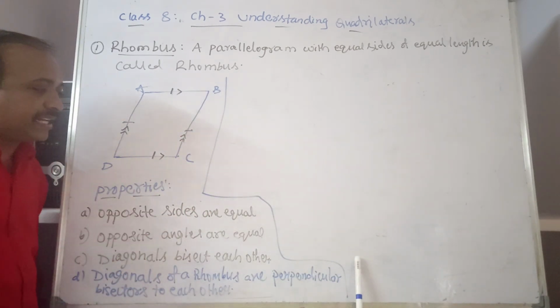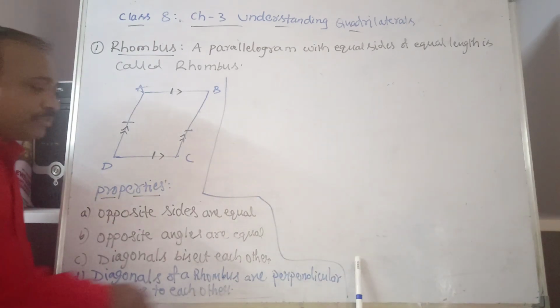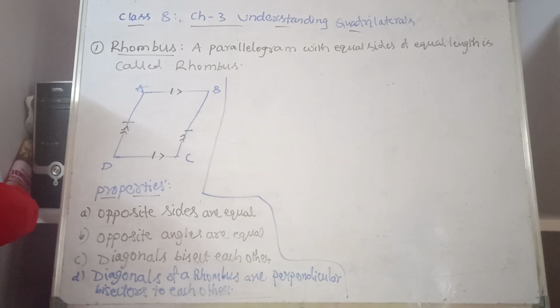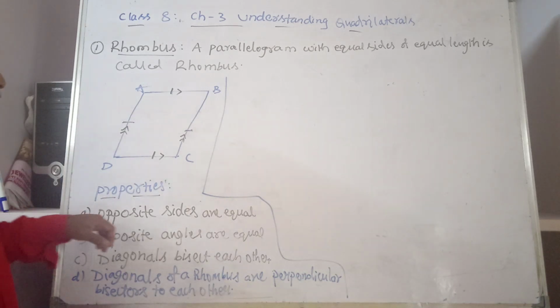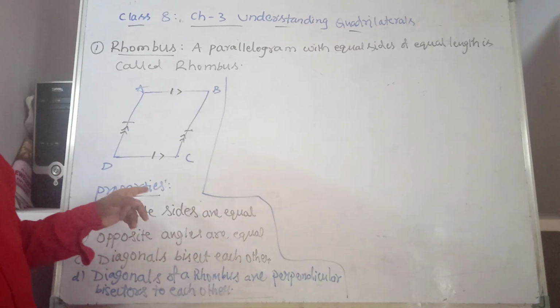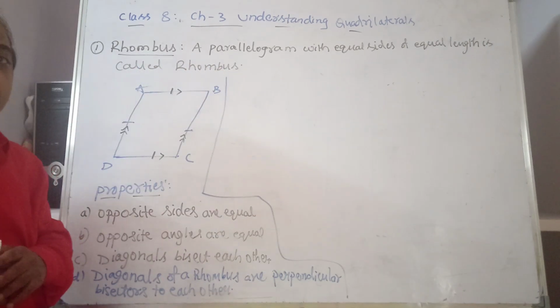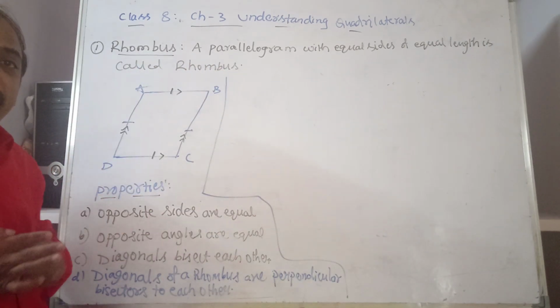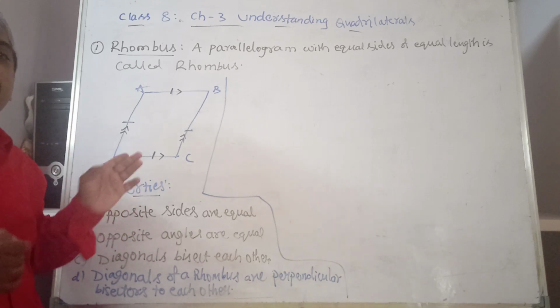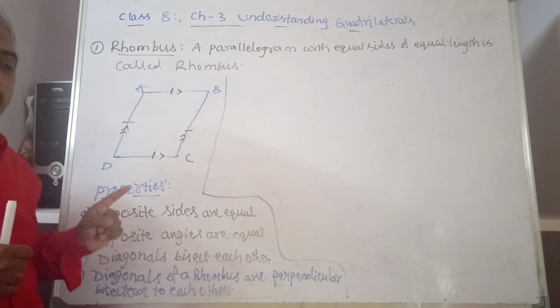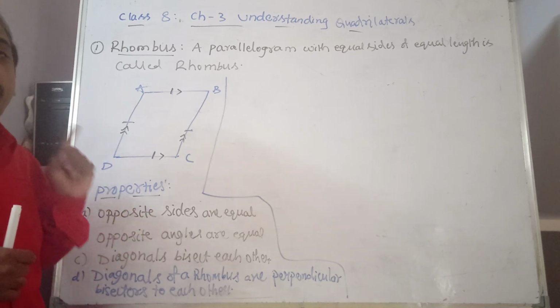Now see the properties. When it comes to the properties of a rhombus, all opposite sides are equal. In the definition itself, it is a parallelogram, so all the properties of a parallelogram are applicable to the rhombus.